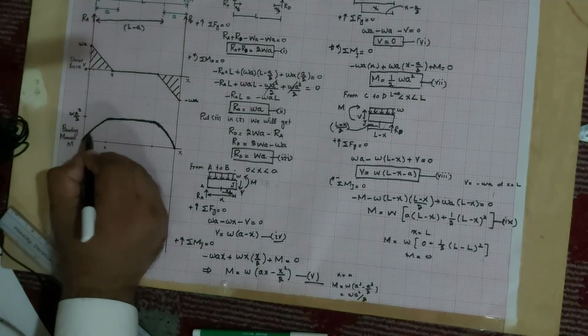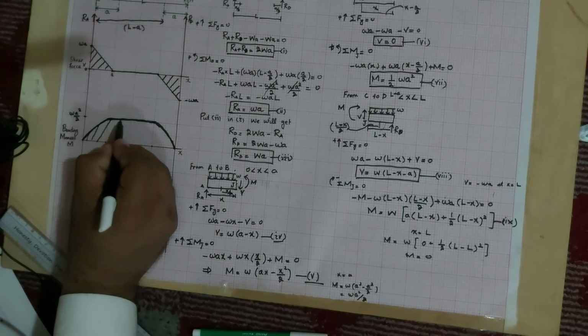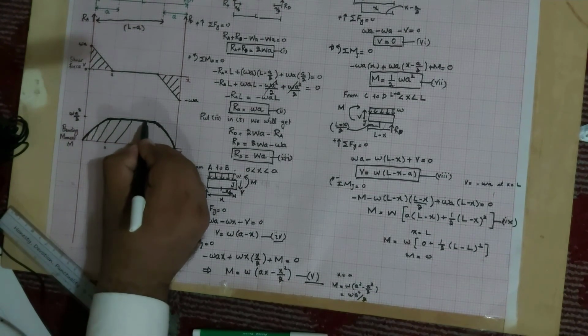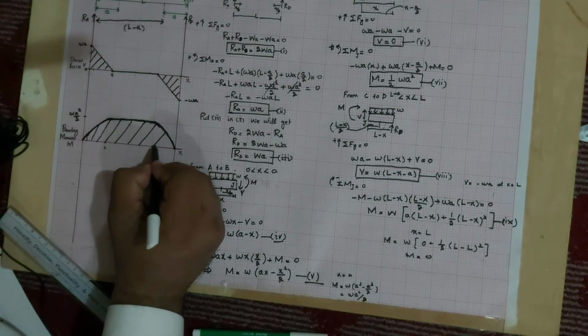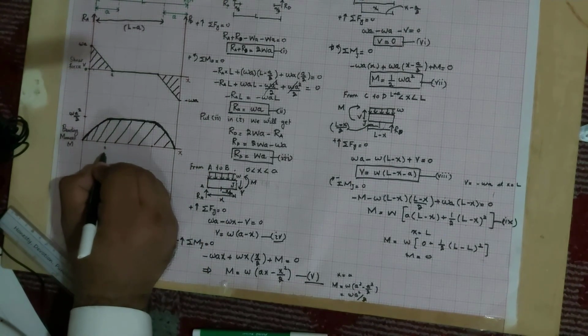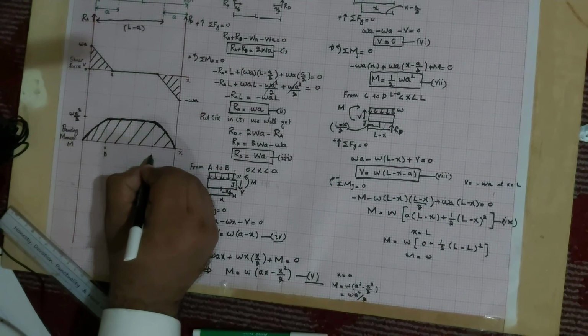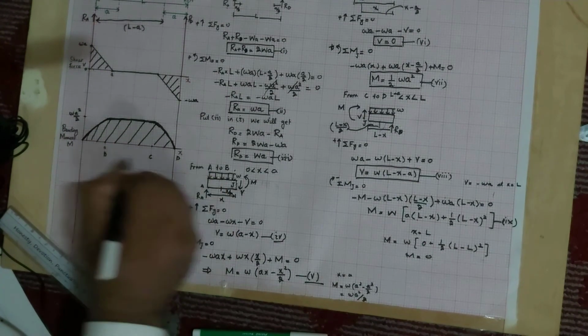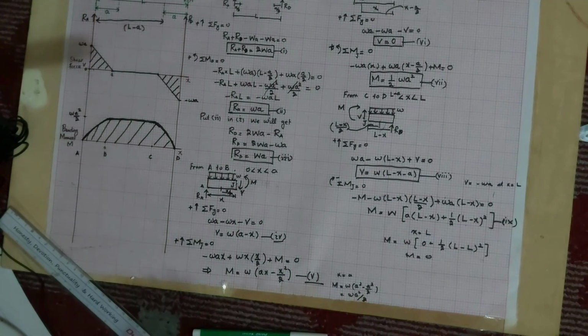So this shaded portion is your bending moment diagram for the above beam. Let this be point B, this point C, this point D, and this point A.